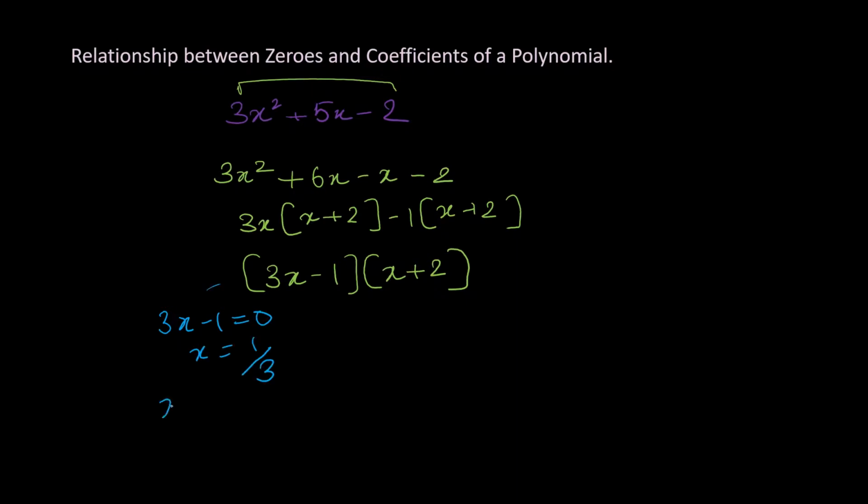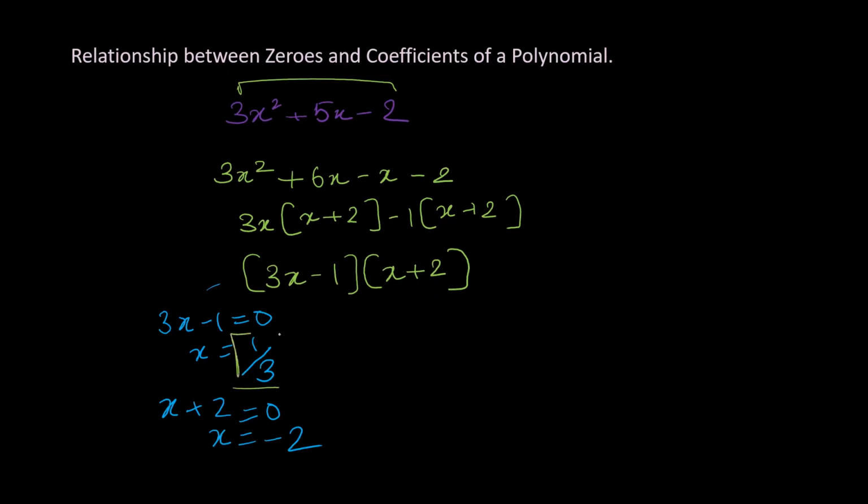And the second one, if x plus 2 equals 0, x in this case will be minus 2.